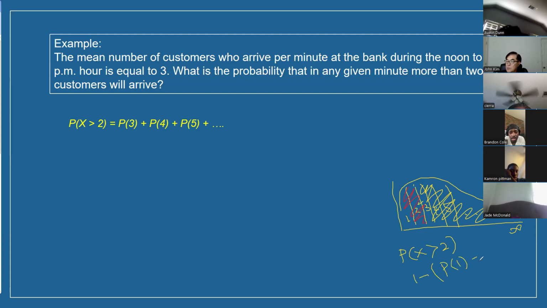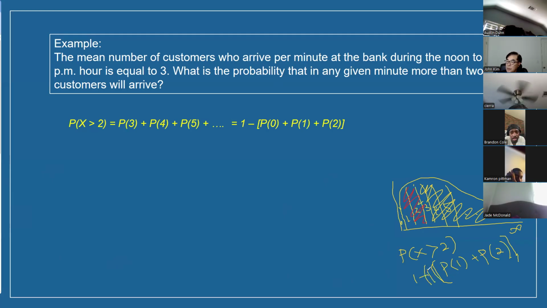P1 plus P2, probability x equals 1, x equals 2. So from 0, yeah, from 0, because there is 0. I'm sorry. So that is no one comes, so 0.